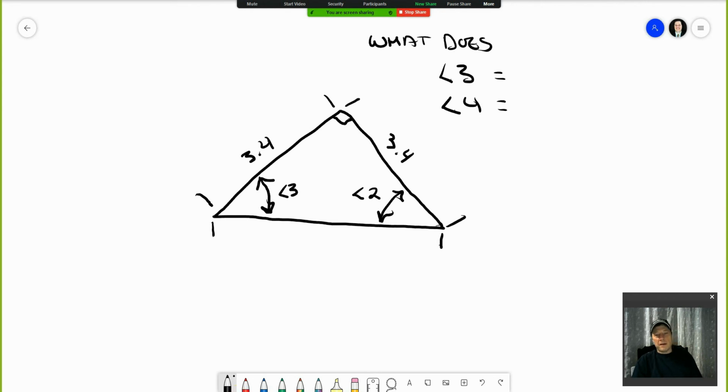Does it really matter? It would if we had some missing information. Angle 4. Let's make this angle 2, shall we? Angle 2. It would matter if we were missing some information. Like, for instance, if I wasn't asking for angle 2, and we didn't have the length of the side, or we had angle 2, but we didn't have the length of this side.